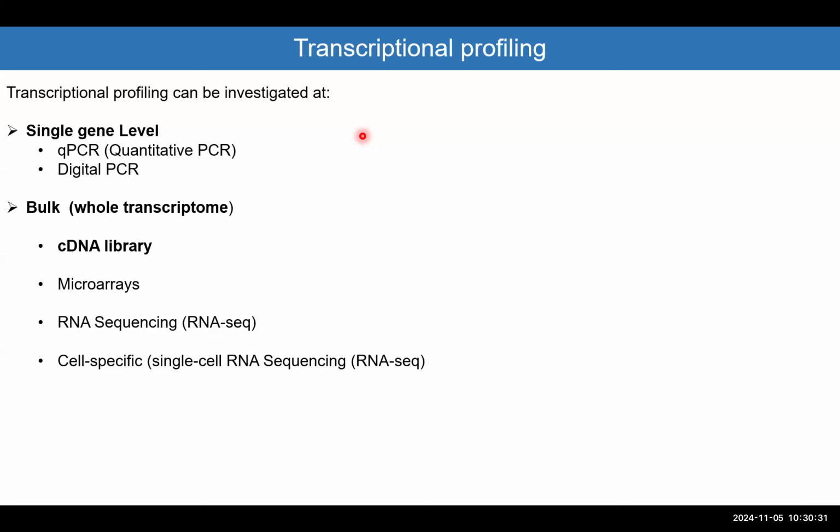So you are simply taking all the RNA and you are checking particular aspects on a specific gene, and we can do that in the lab by qPCR or quantitative real-time PCR.